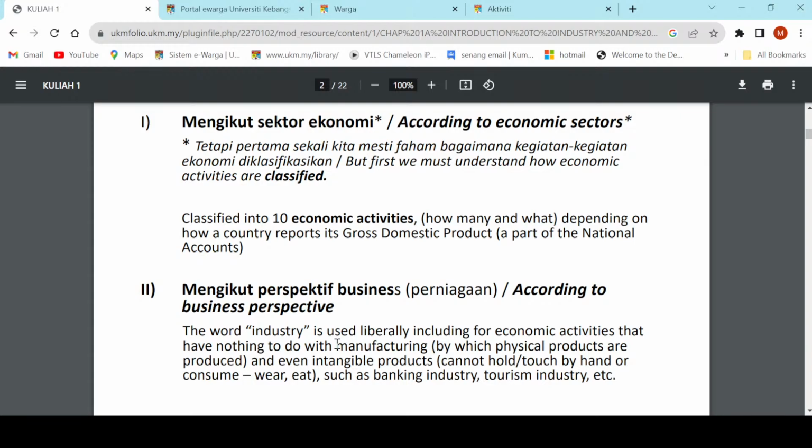You cannot hold it, you cannot touch it by hand, you cannot consume it, you cannot wear, cannot eat, such as banking industry. Can you eat banking industry? Can you ride? Can you touch banking industry? Insurance industry. Can you eat, touch? This is insurance. You cannot touch it.